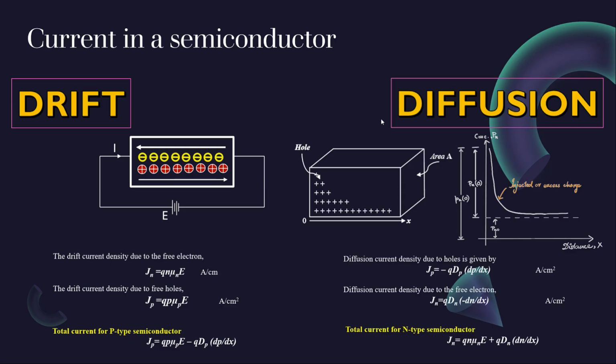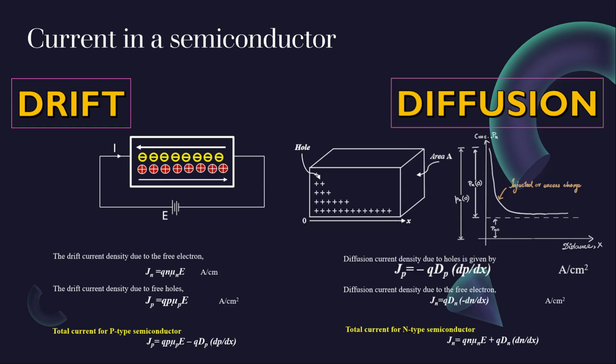As we can see on the graph, the diffusion current depends on the material of the semiconductor, the charge carrier and the concentration gradient. The diffusion current density due to the holes is given by this relation. Since the hole density decreases with increasing x, as shown in this figure, the gradient is negative, so Jp has a positive sign in the positive x direction.